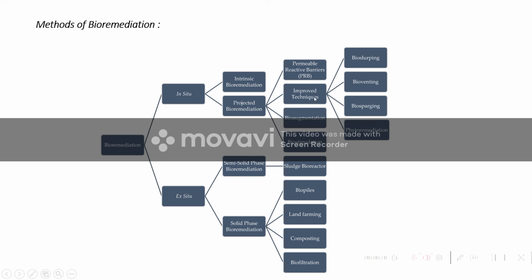Improved techniques can be further divided into bioslurping, bioventing, biosparging, phytoremediation. And ex situ can be divided into two types, that is semi-solid phase bioremediation and solid phase bioremediation. Semi-solid phase bioremediation can be further divided into sludge bioreactor, and solid phase bioremediation can be further divided into biopiles, land farming, composting, biofiltration.